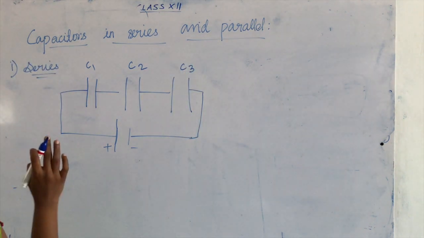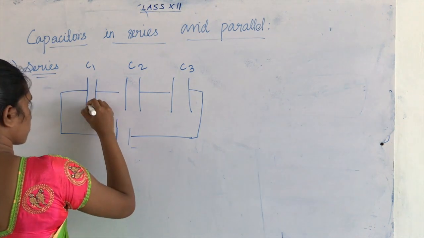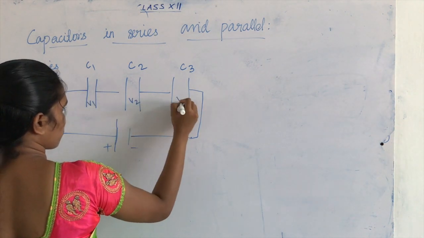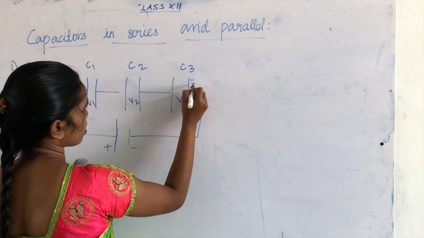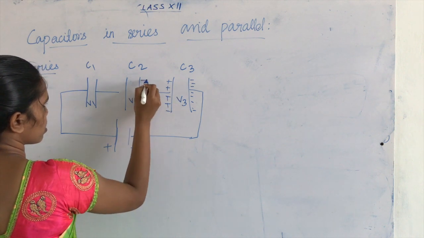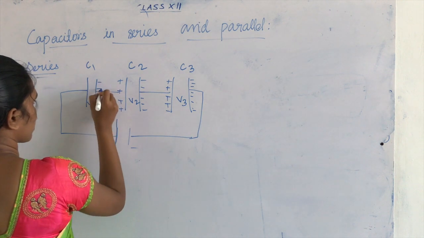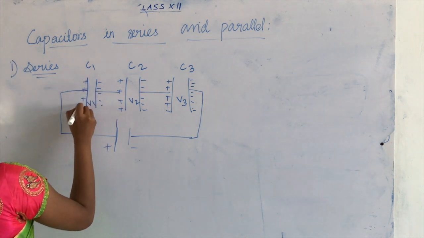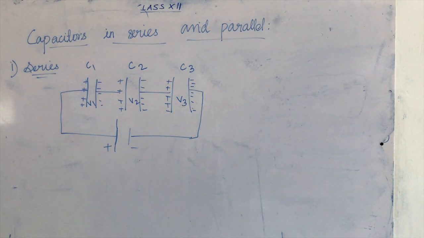These are the 3 capacitors in series. And now the voltage is V1, V2, V3. Okay, this is a negative charge. So here will be negative and here positive. Here negative, here positive, here negative, here positive. Okay, this is the capacitor connected in series.